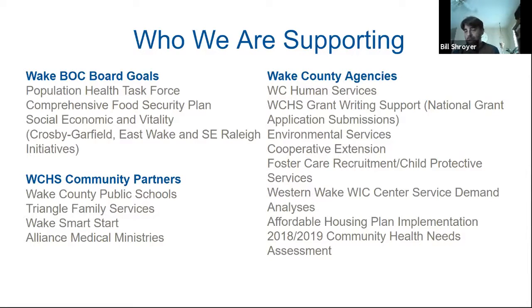A lot of our grants now ask for identifying socioeconomic data around vulnerable communities. Environmental services, our comprehensive plan, our parks and rec planning, and our affordable housing plan all implemented characteristics identified through the social equity program.